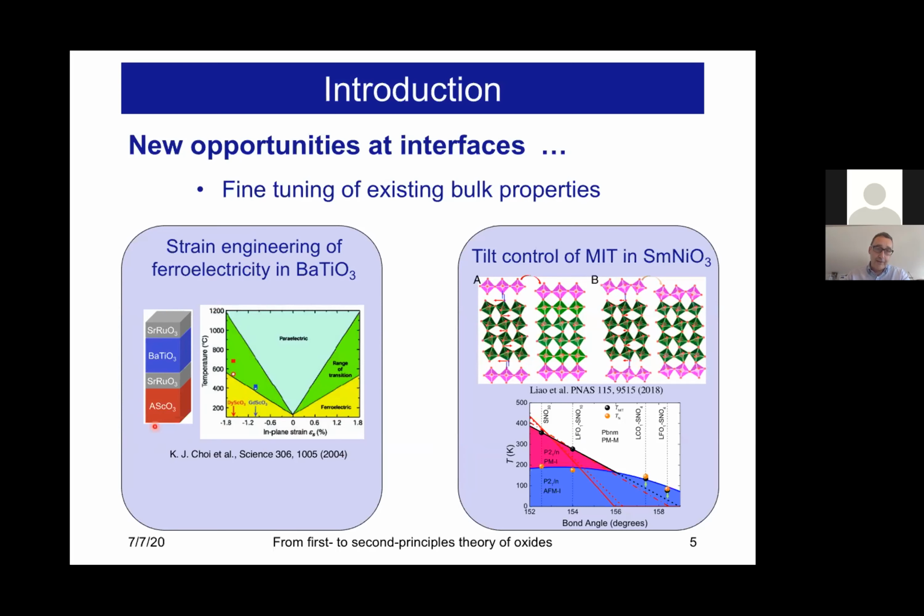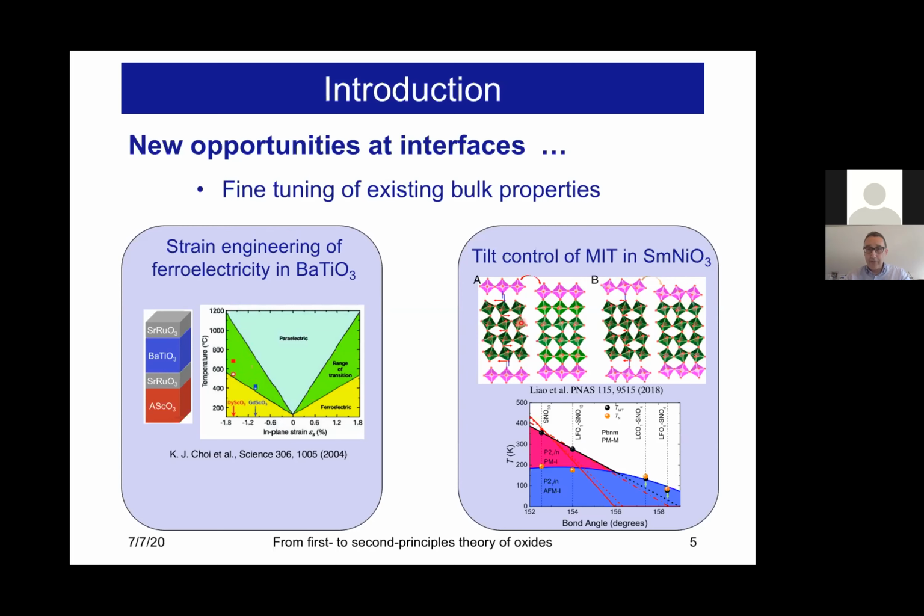I am reporting just here one of the seminal papers doing that on barium titanate, where you see that when you grow a barium titanate on top of a substrate, if you can adjust the lattice constant and tune the in-plane strain of the film, then you can tune the phase transition temperature. And so you can basically move by hundreds of Kelvin the phase transition temperature of barium titanate. You can even make strontium titanate ferroelectric under strain engineering, and there are a lot of stories like that.